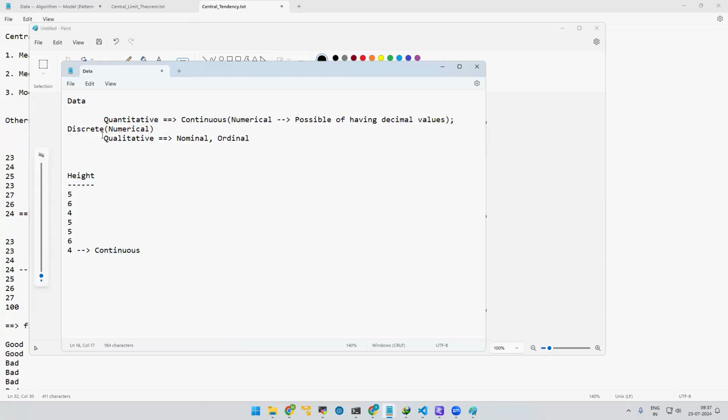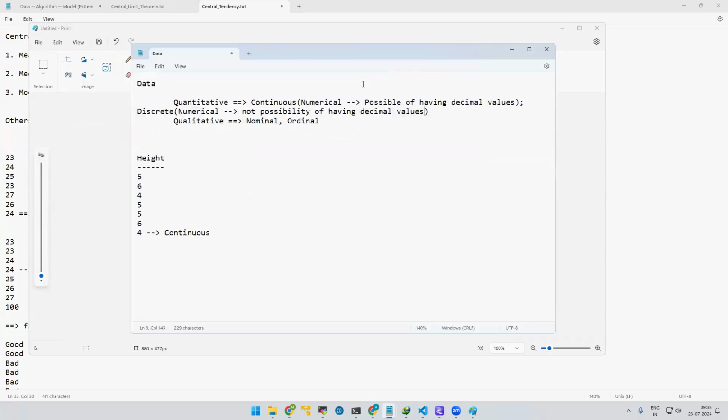Whereas discrete is again numerical in nature, but there is no possibility of having decimal values. For example, the number of members in a family. Is there a possibility of having 2.5 members or 2.3 members or 4.8 members?